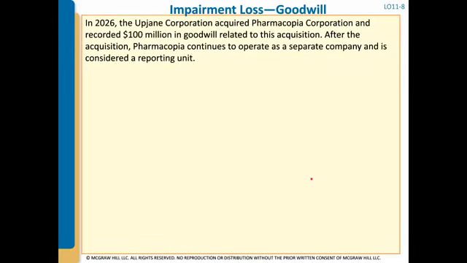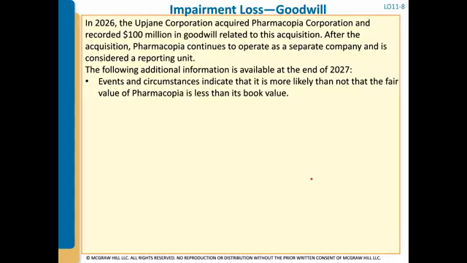Let's go through an example. In 2026, the Upjohn Corporation acquired Pharmacopoeia Corporation and recorded $100 million in goodwill related to this acquisition. After the acquisition, Pharmacopoeia continues to operate as a separate company and is considered a reporting unit. The following additional information is available at the end of 2027.